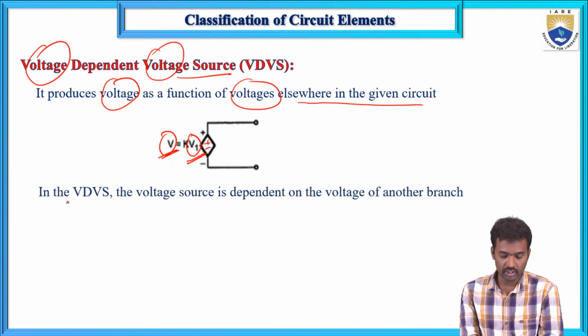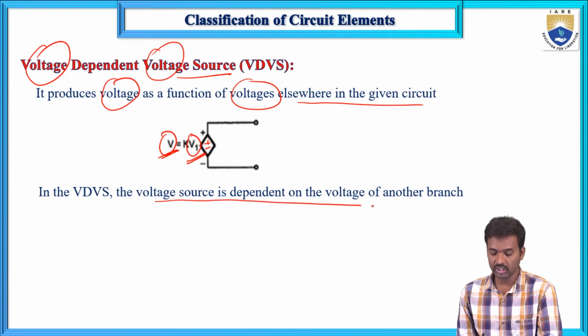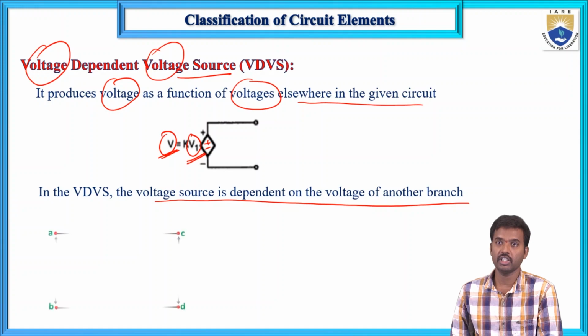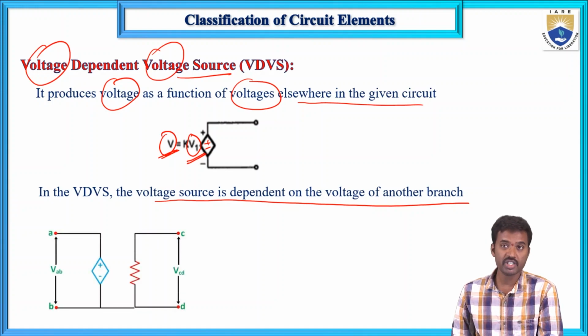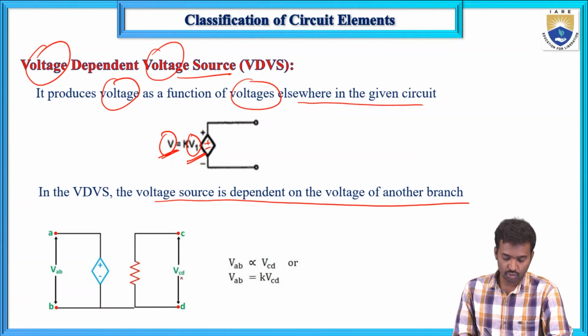In the voltage dependent voltage source, the voltage depends on another branch voltage. This one is the circuit, and this is the voltage dependent voltage source. If you see the diagram here, VAB is directly proportional to VCD.